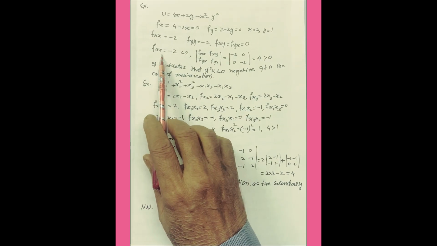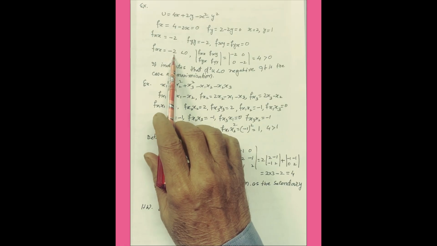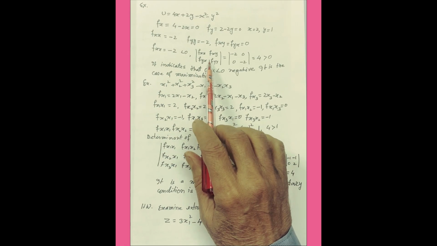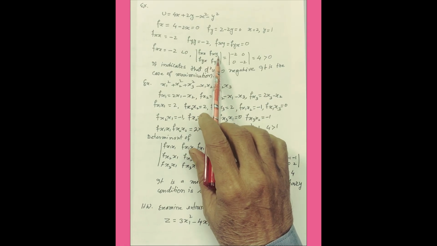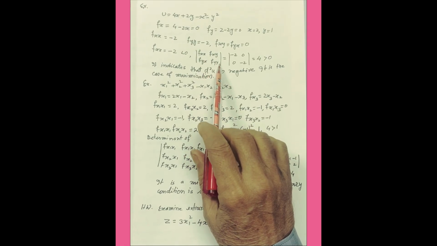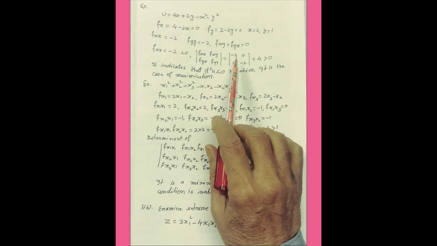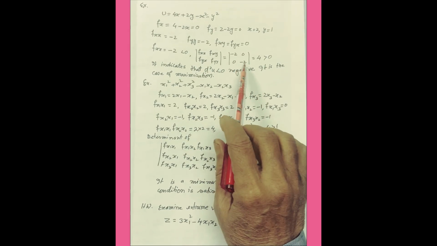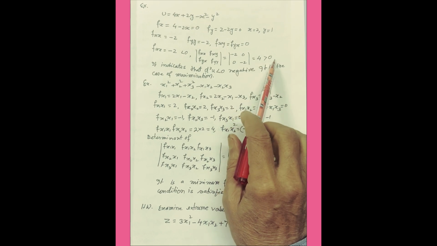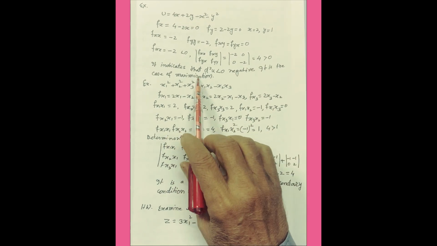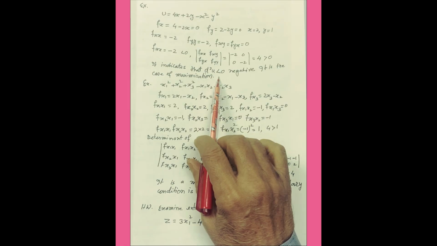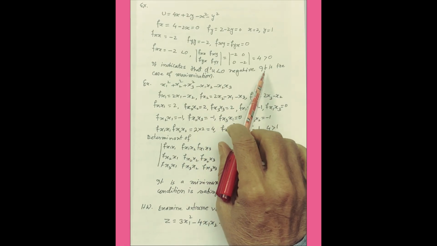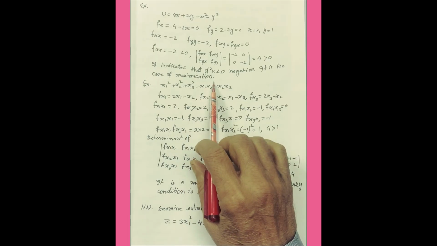Now we see fxx is negative, less than 0. Now the determinant of fxx, fxy, fyx, fyy, that is minus 2, 0, 0, minus 2. If we put these values it is equal to 4, which is positive. It indicates that d square u, the second order condition, is negative. It is the case of maximization.